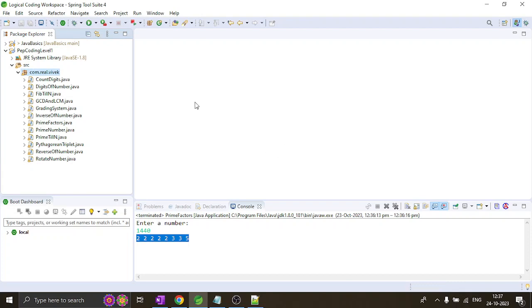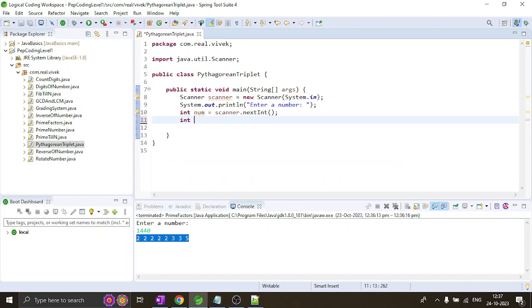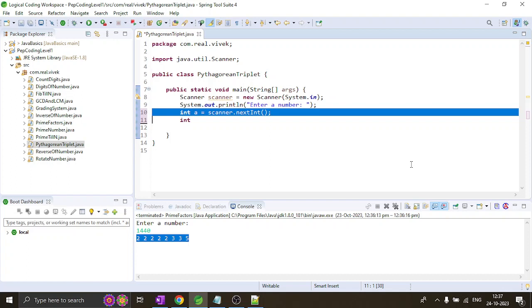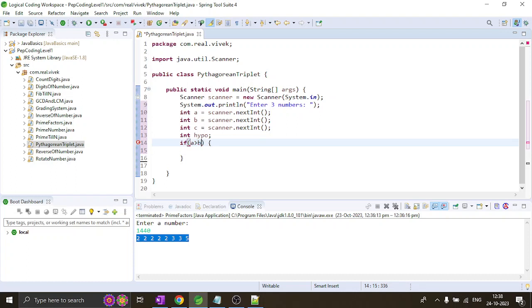So let me take the input here. What we can do is, if A is greater than B and A is greater than C, then hypo will be A, and we have to initialize the sides as well, right? Side 1 and side 2.